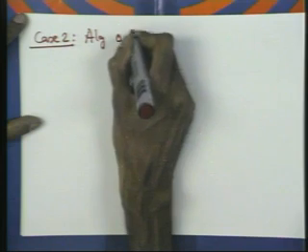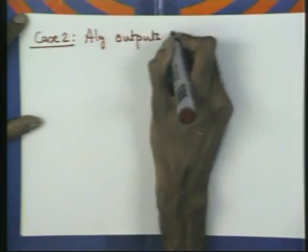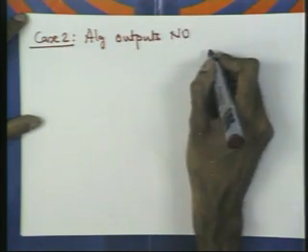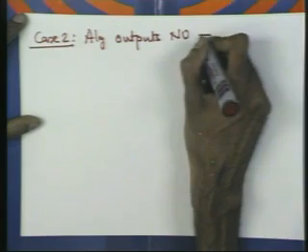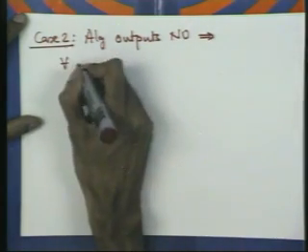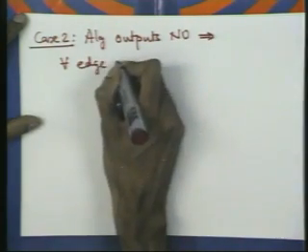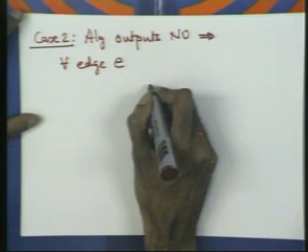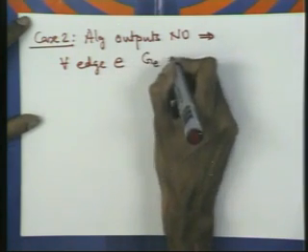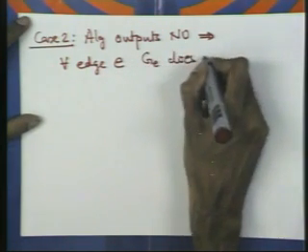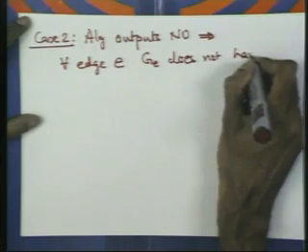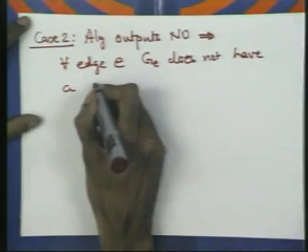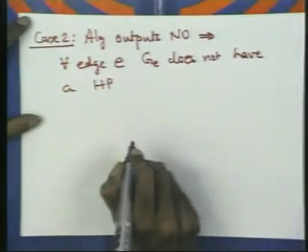The algorithm outputs no. Okay. This means for every edge E, okay, GE does not have a Hamiltonian path. Okay.